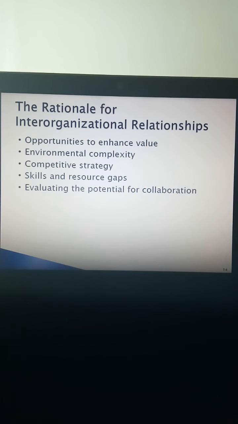The second rationale for interorganizational relationships is environmental complexity. We know that the global business environment is changing and turbulent. The business environment always displays diversity from time to time.